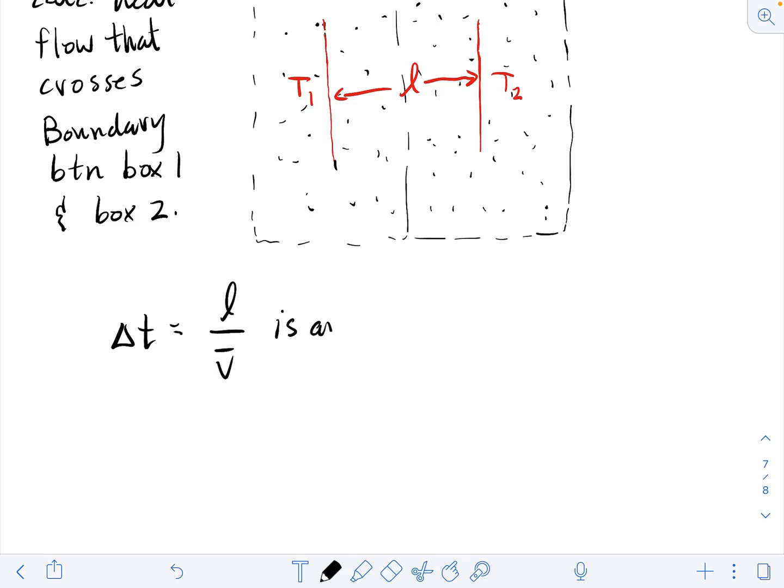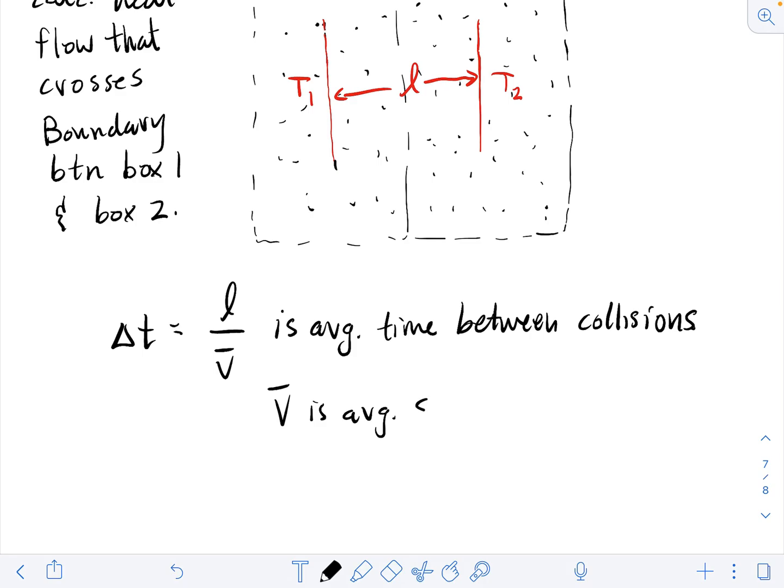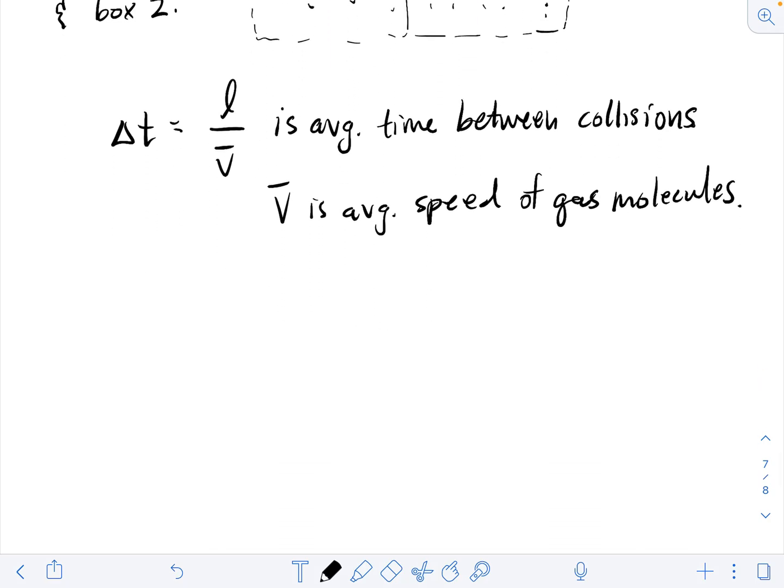So this delta t is the average time between collisions, and v bar is the average speed of gas molecules. So hotter gas molecules would have a higher average speed.